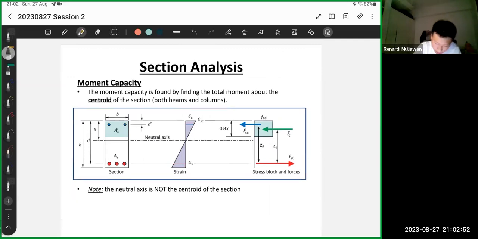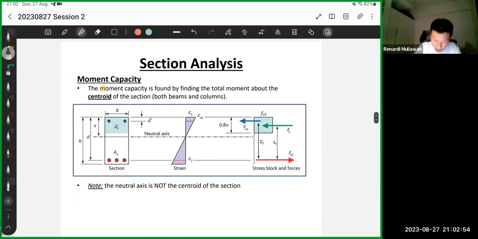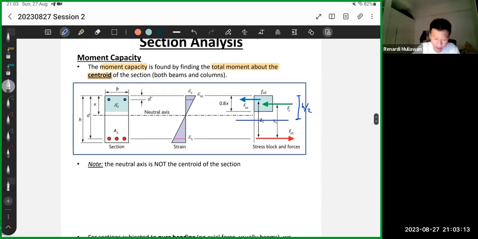Okay, so for moment capacity, it's actually the total moment about the centroid. Again, not about the neutral axis. It's about the centroid, h/2. So how you find the moment capacity is basically you take the moment of the forces about the centroid.